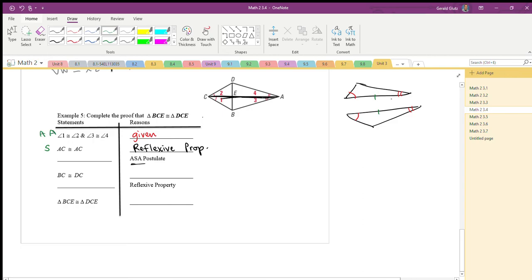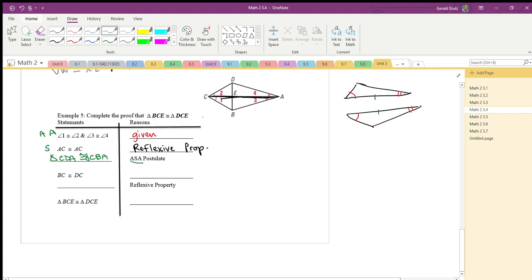So this side is in between the two angles, or it's touching both of those angles. So that means the S is going to go in between the two A's. Oops, they already did that for us right here. So triangle CDA is congruent to triangle CBA. I always forget to write that second triangle.